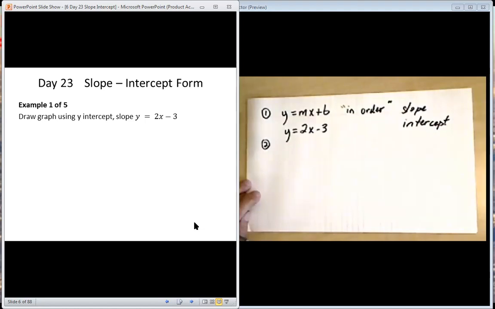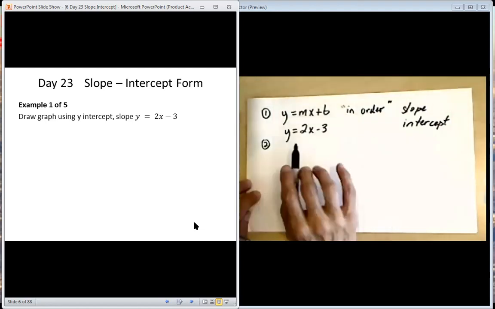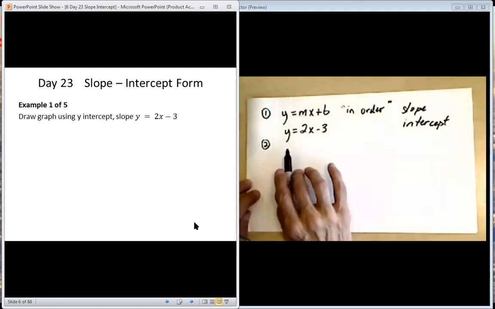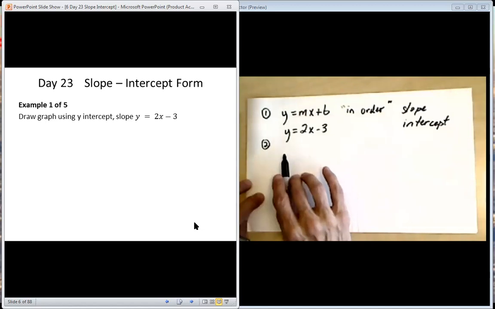Label them as... I'm not sure what that means. y and a.